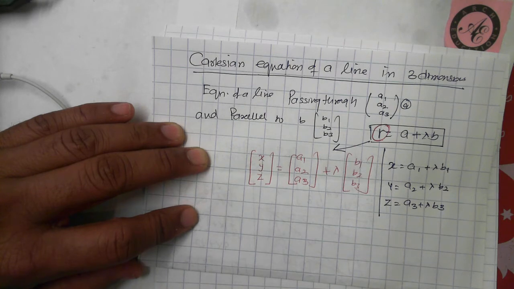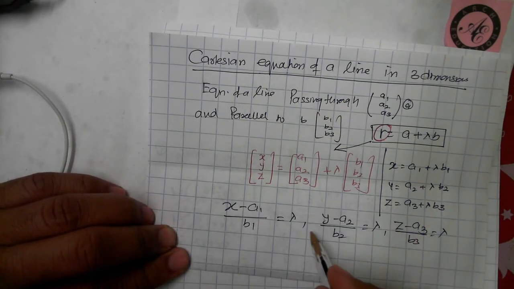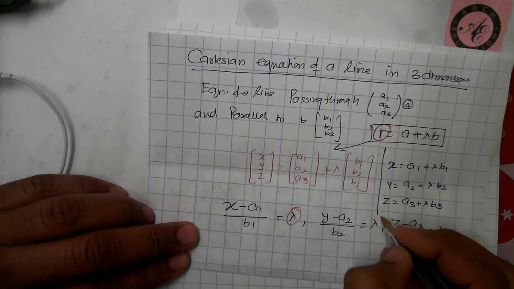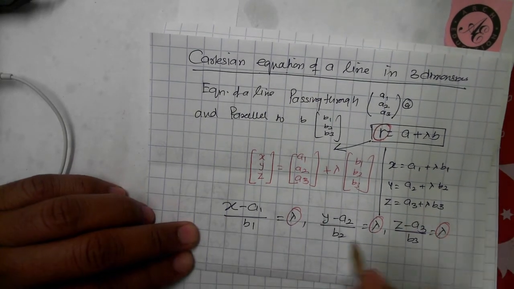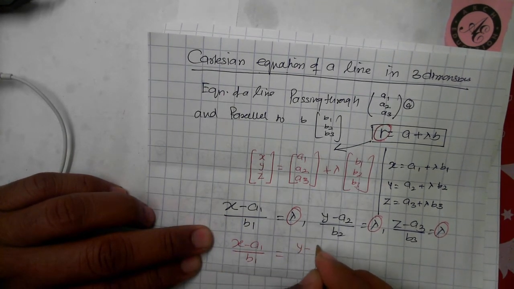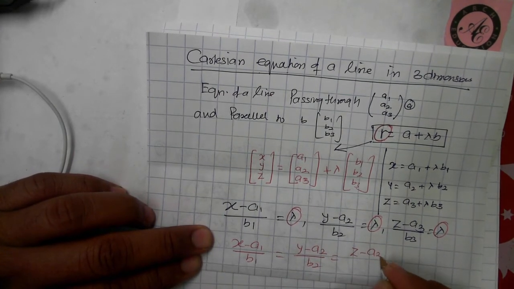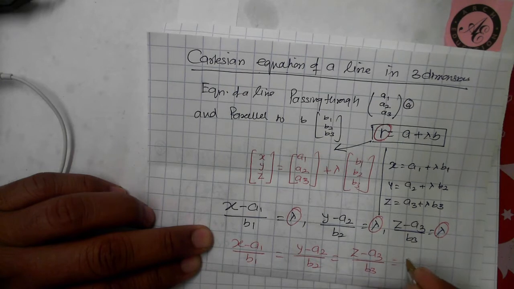You can see that all 3 of these fractions are equal to lambda. So we can write this conveniently as (x - a1)/b1 = (y - a2)/b2 = (z - a3)/b3 = lambda.